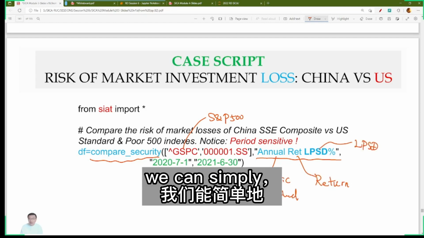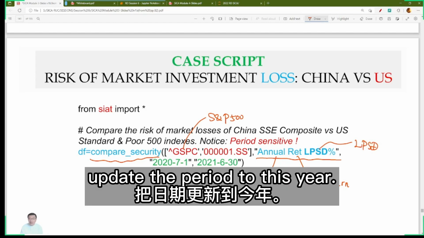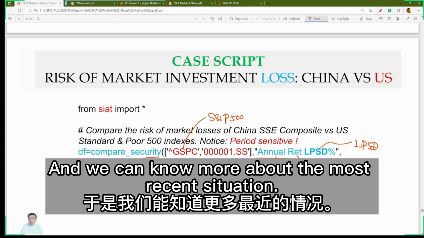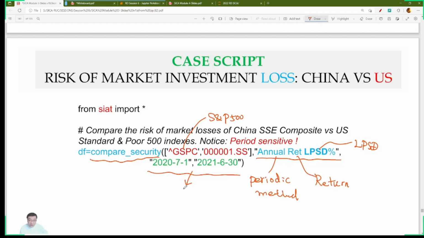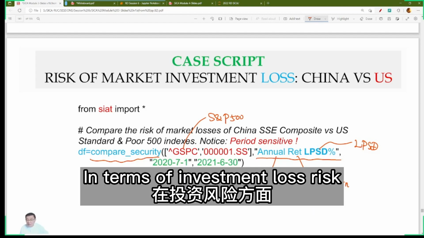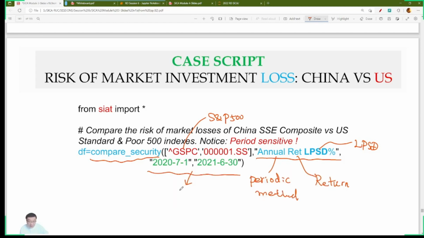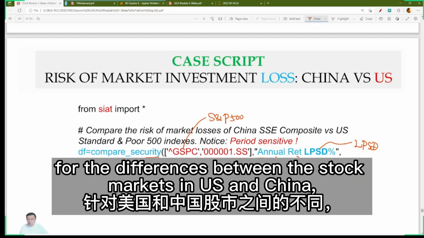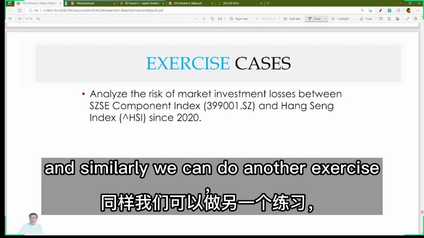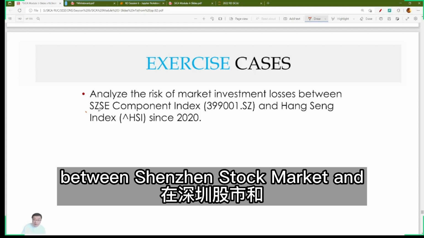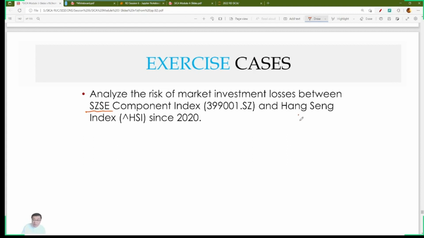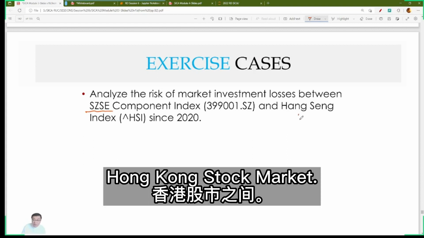We can simply update the period to this year, and we can know more about the most recent situation in terms of investment loss risk for the difference between the stock markets in US and China. And similarly, we can do another exercise between Shenzhen stock market and Hong Kong stock market.